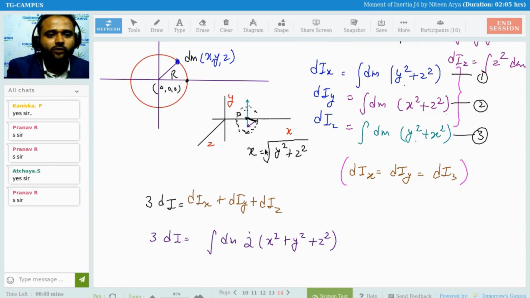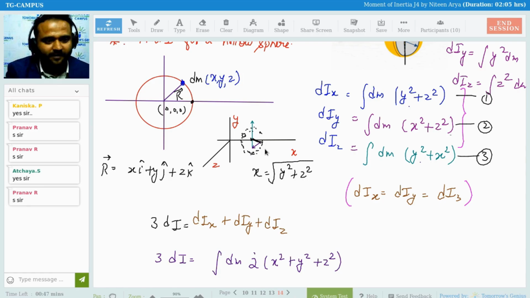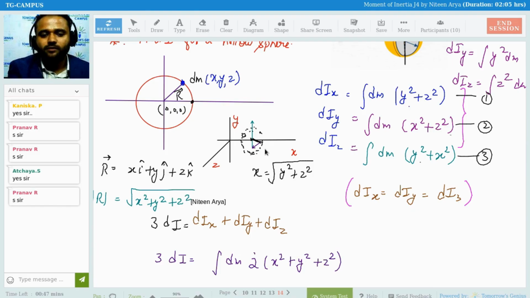Now one more basic thing: r is a vector, so how can you write it? R vector is nothing but xi plus yj plus zk, isn't it? Clear? And I want to find the magnitude of this. So beta, the magnitude of this vector is nothing but under root of x square plus y square plus z square.